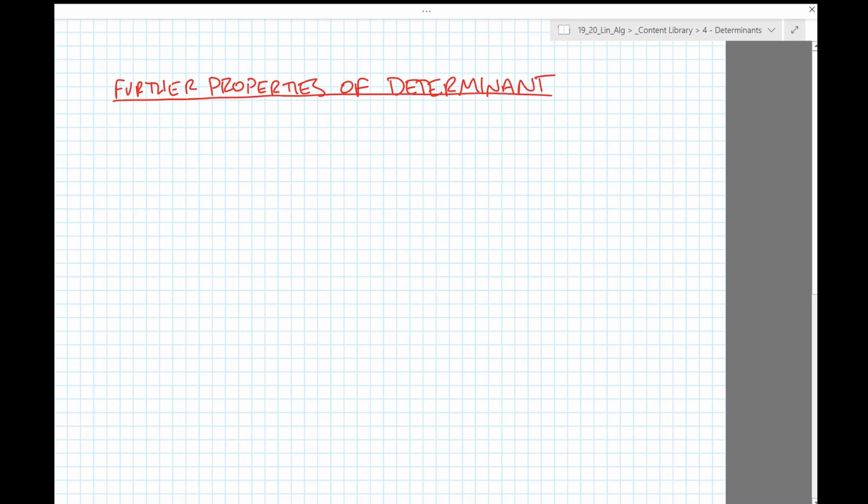We'll just call it further properties of the determinant. And let's take a look at what some of these are.